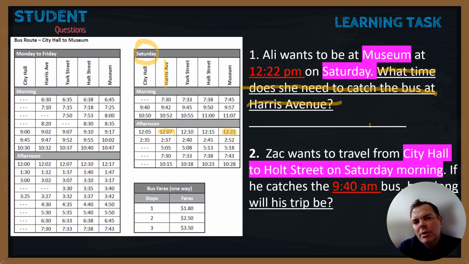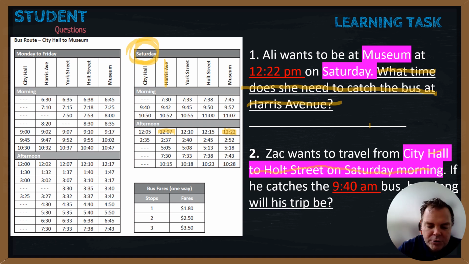And sometimes when you're reading through worded tasks, it's good to understand that last sentence because that generally tells you what you've been asked to do. Next one: Zach wants to travel from City Hall to Holt Street on Saturday morning. So again, we're looking at that Saturday morning.